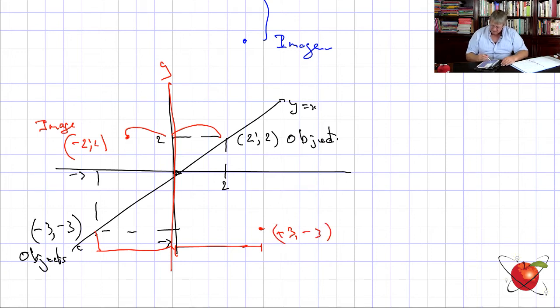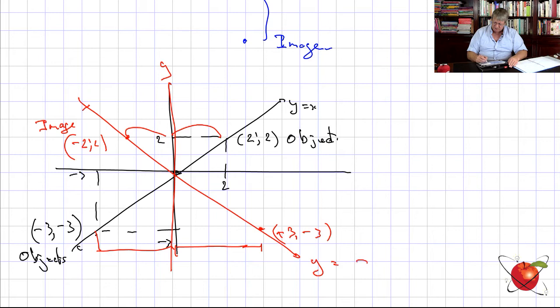So what we've done now is essentially we've gone to the line y equals minus x. So when we're reflecting about an axis, take whatever points you've got, or you can plot, and reflect them about the axis.